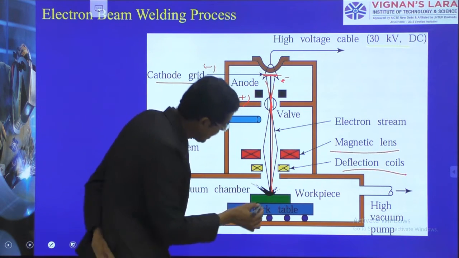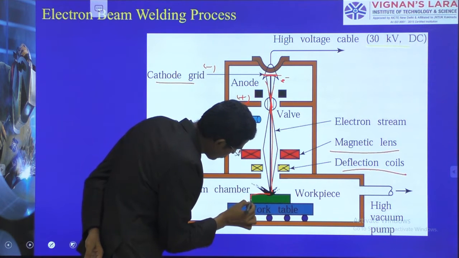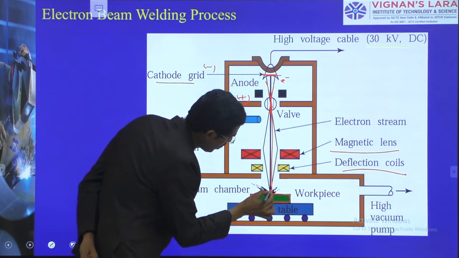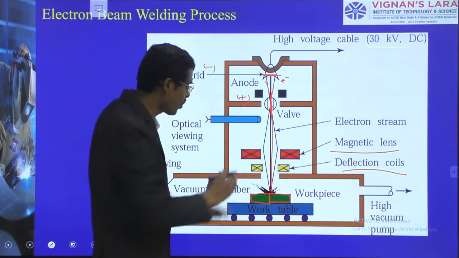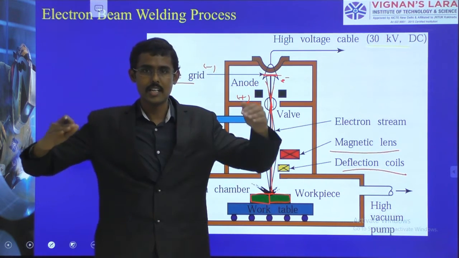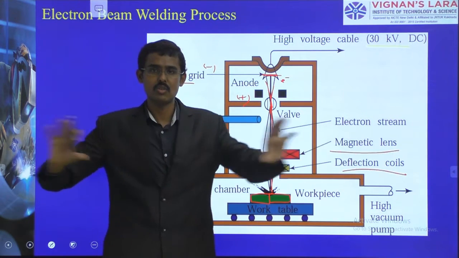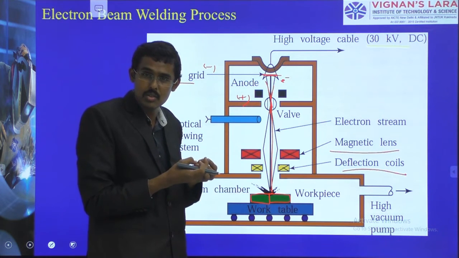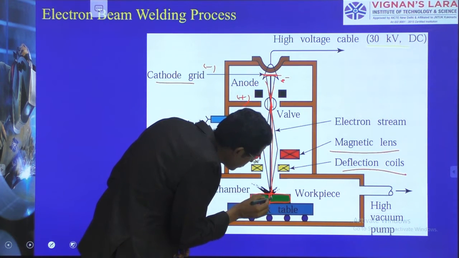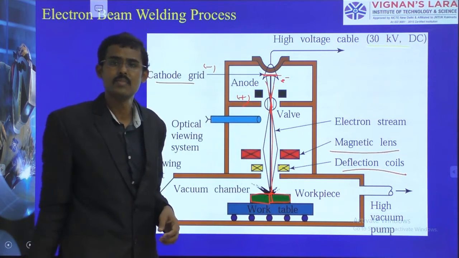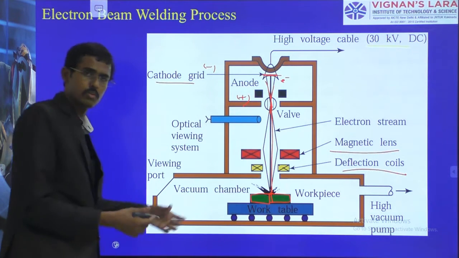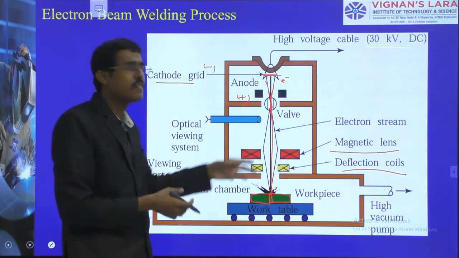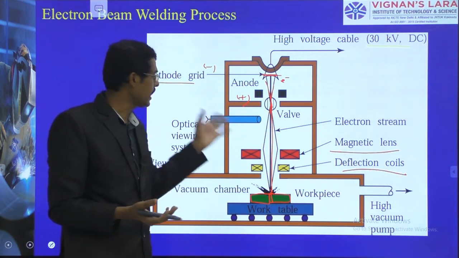In case I have two specimens here, one and one more, I want to make a keyhole weld, not a broad one with high heat input and a large heat affected zone. High impact takes place, and immediately the keyhole zone is melted and welded. Very simple. But we have to maintain the vacuum chamber, otherwise we will not achieve the speed.